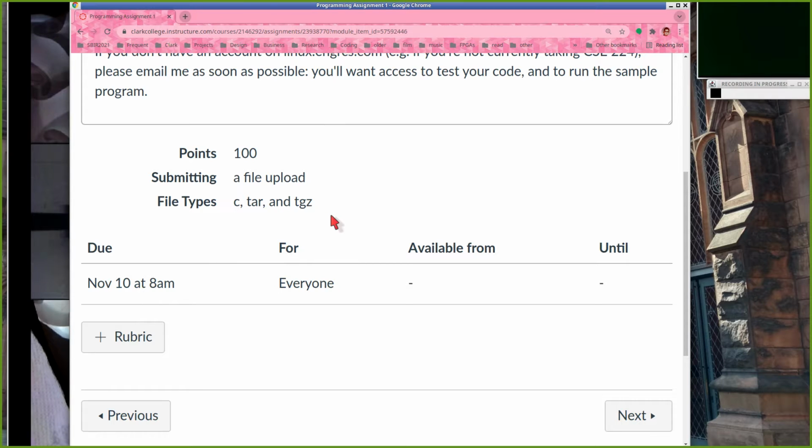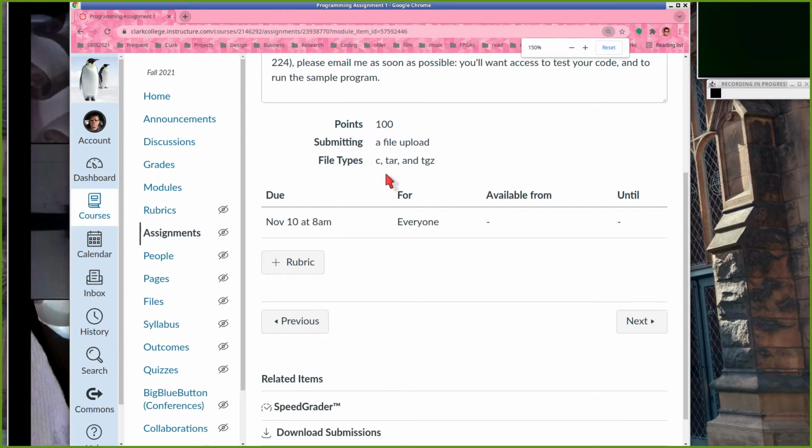If we use multiple files, like multiple .o files, just put it all in a tar ball? Put it all in the tar file or a tar ball, your choice. And we're going to talk about tar probably tomorrow. Well, not tomorrow, but Monday in 224.